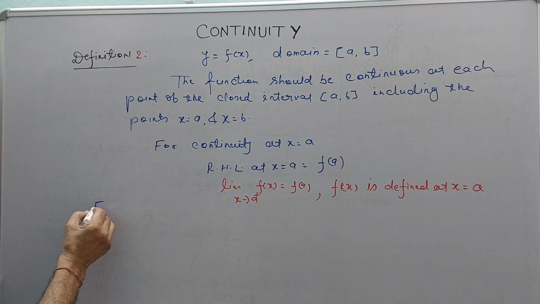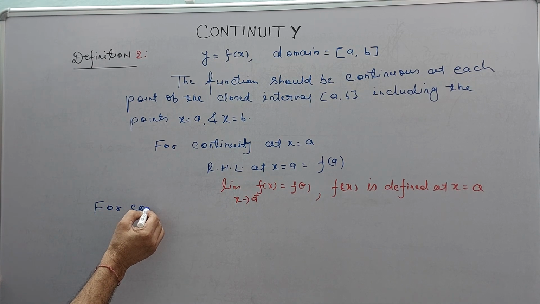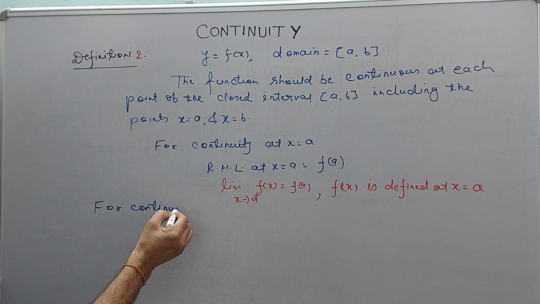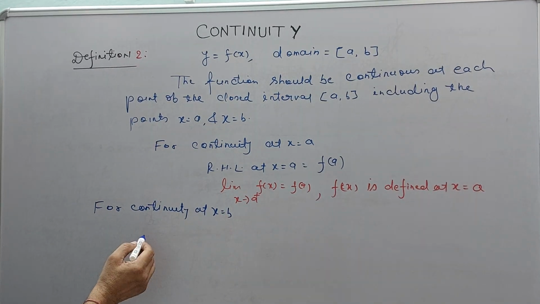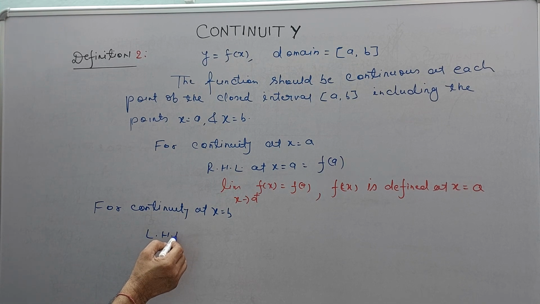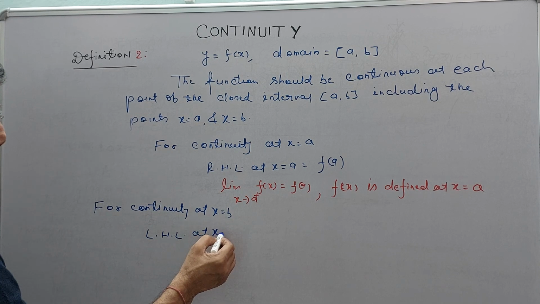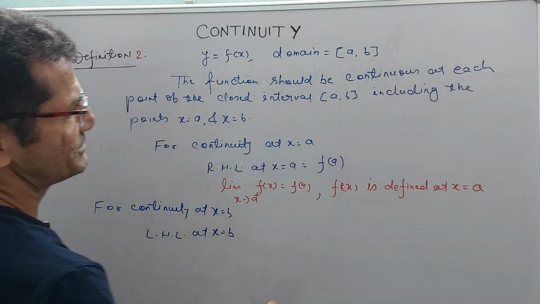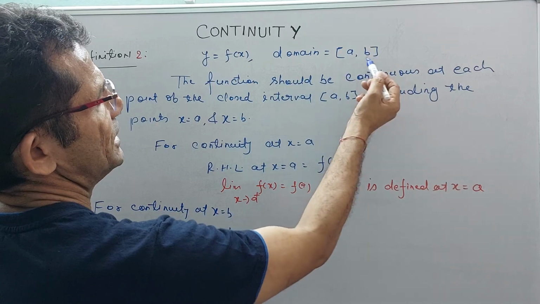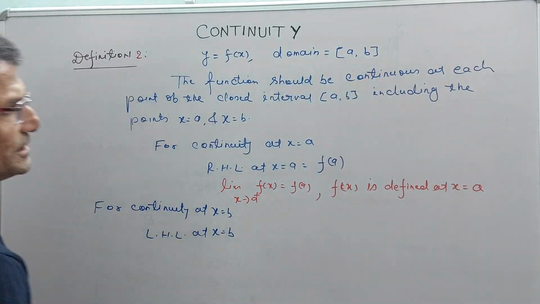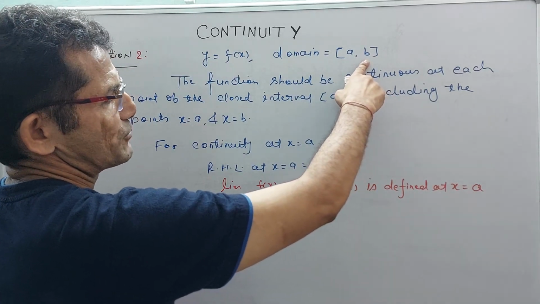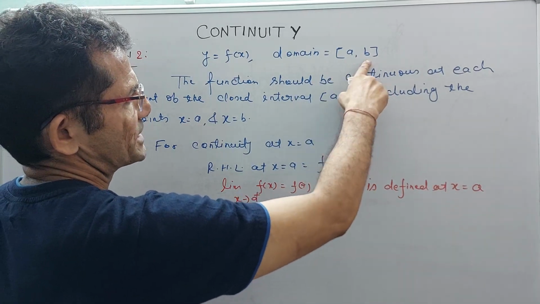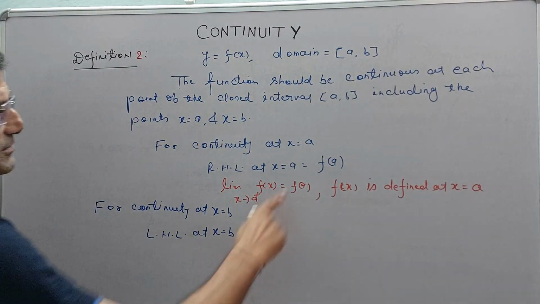For continuity at x equal to b, we have to take only the left hand limit at x equal to b. When you take the left hand limit, we come inside this interval. The left hand limit at x equal to b means we are approaching b from the left.